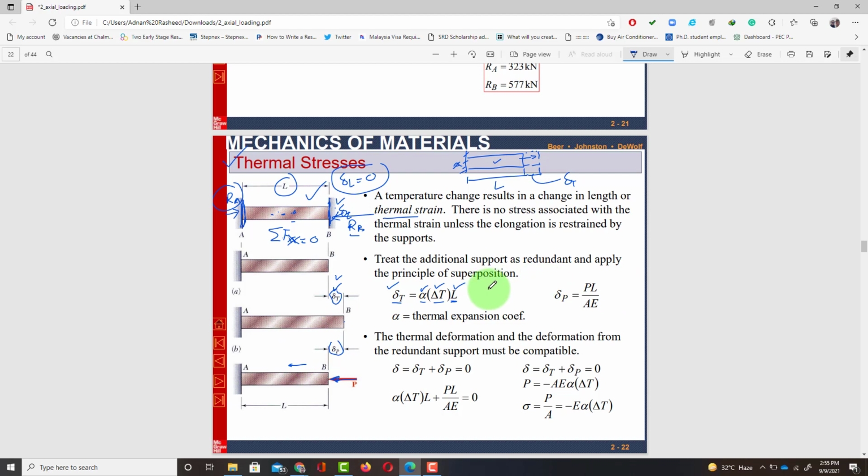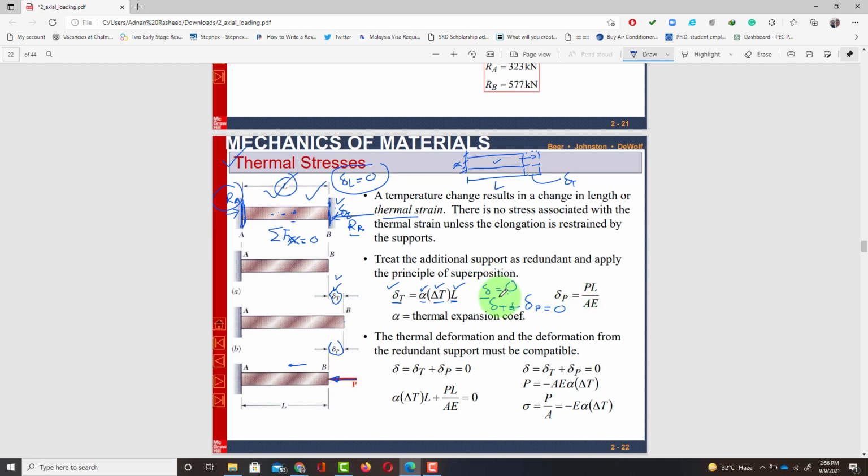So again we say that the sum of all deflection, if you use this problem initially, so here total deflection is 0. Now if this total deflection is 0, it means that change in length due to thermal plus change in length due to the redundant or reaction force must be equal to 0. Clear?